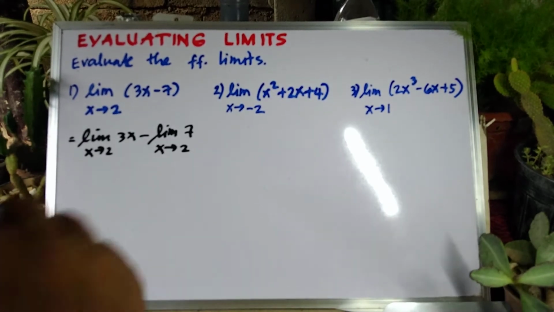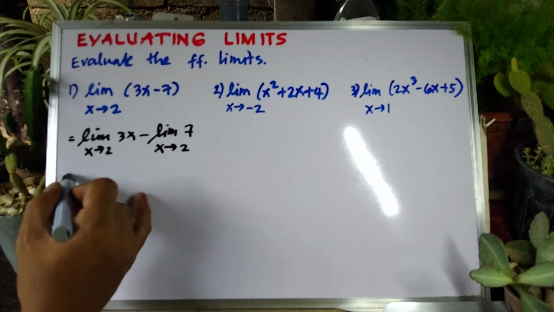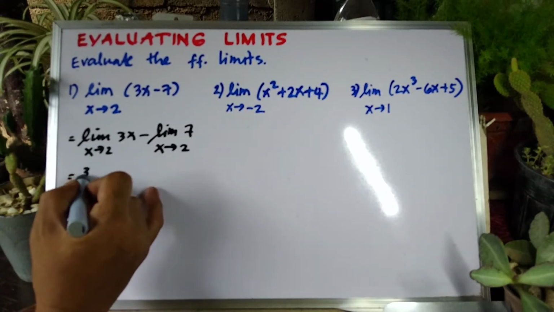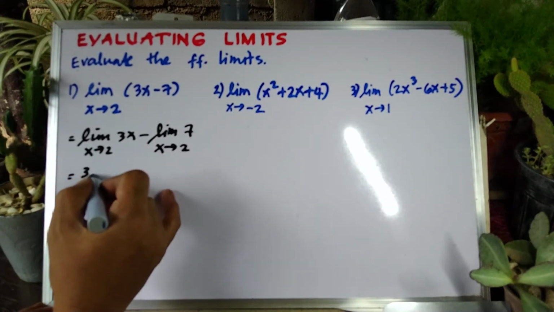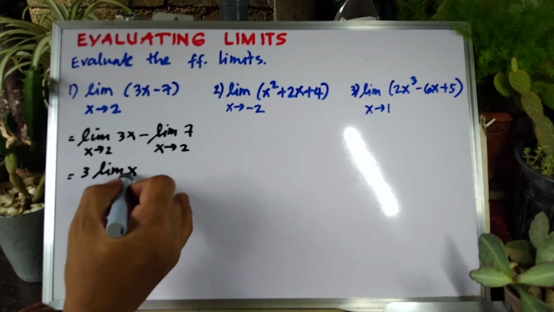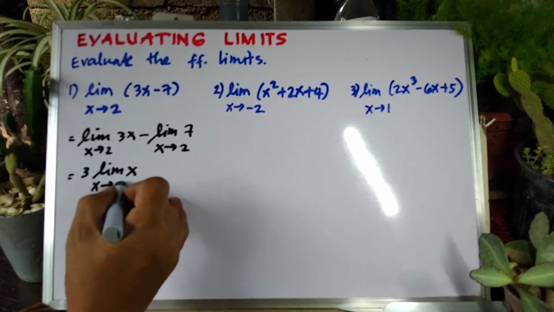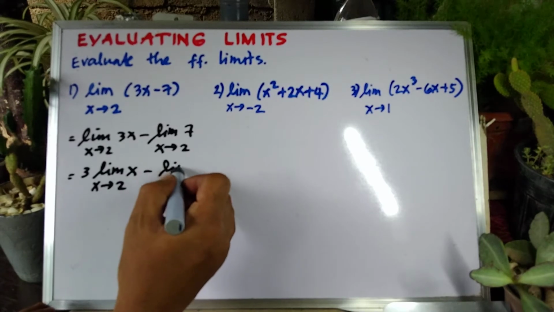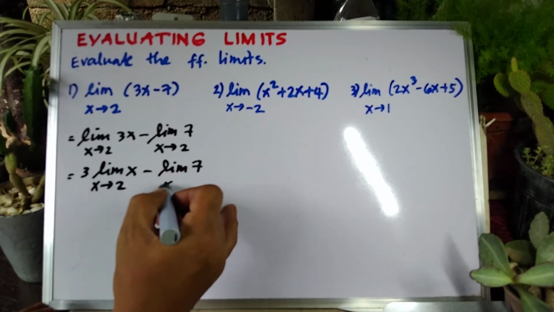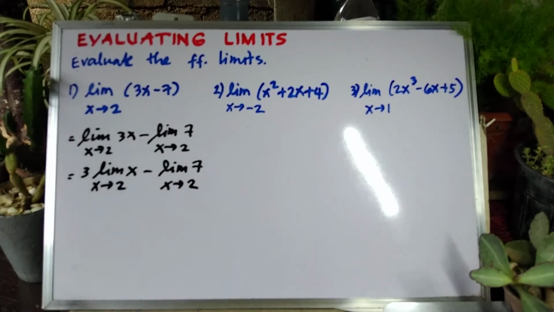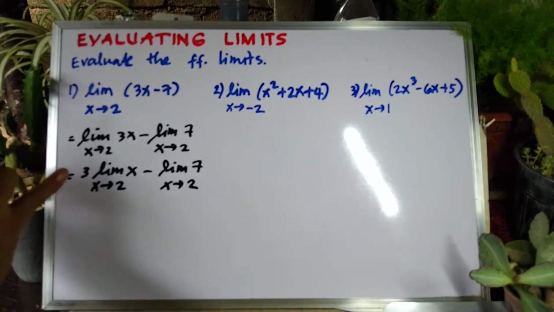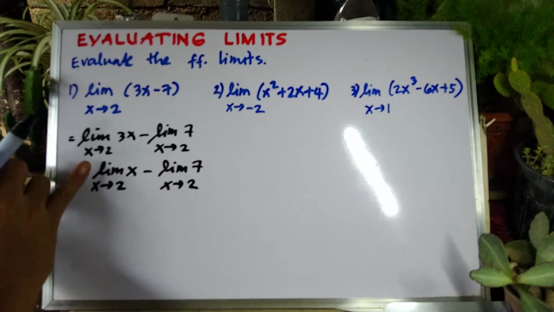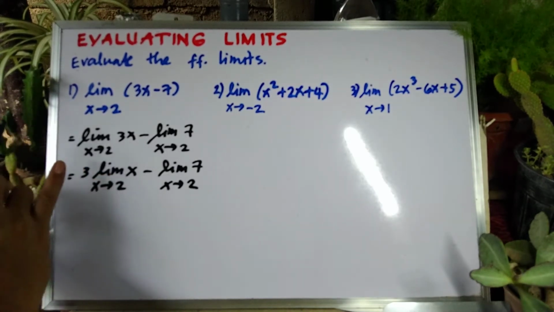Then, you can rewrite the left side and remove the constant: 3 times the limit of x as x approaches 2 minus the limit of 7 as x approaches 2. Then, as you observe, if you don't look at the 3, what can you say about the limit in the first term?